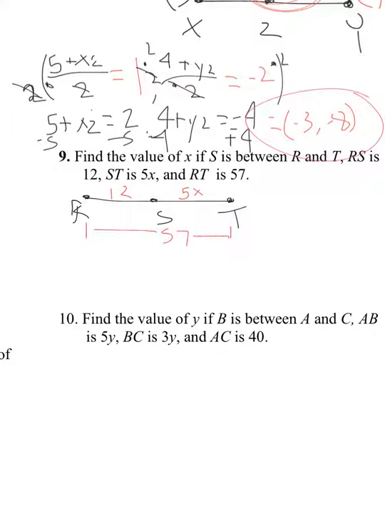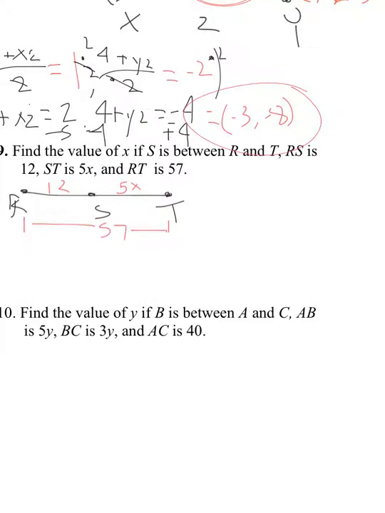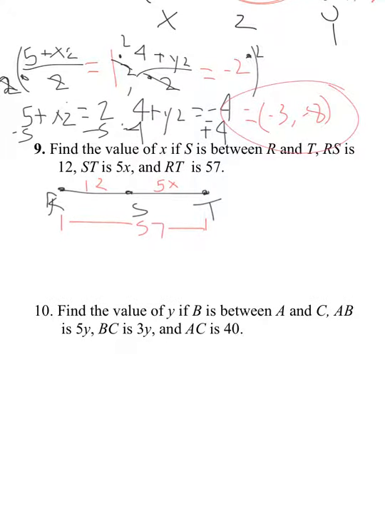So remember, in segment addition, much similar to angle addition, the basic idea starts with the two smaller pieces, RS plus ST, add together to give you the whole thing. So if you write that out first, then you can just plug in RS is 12, ST is 5x, and the whole thing is 57.